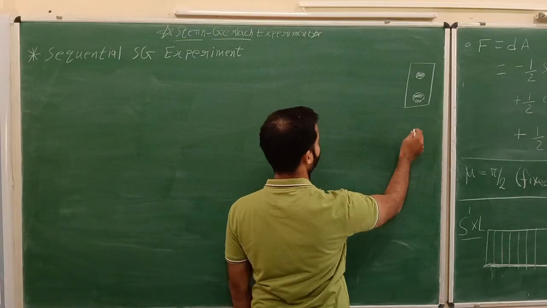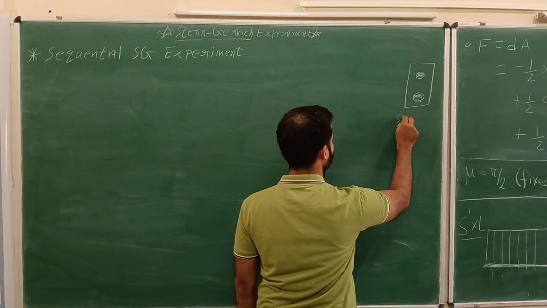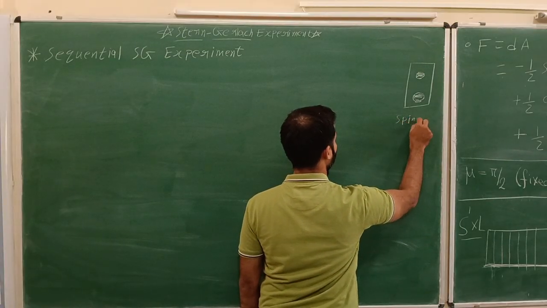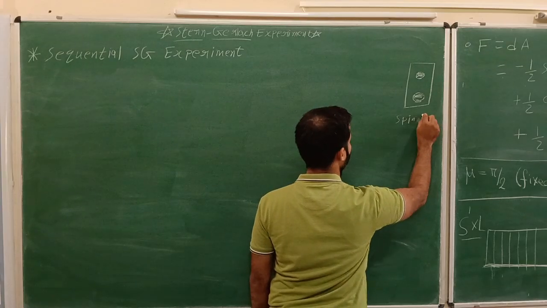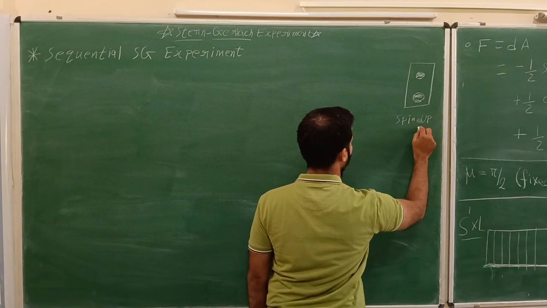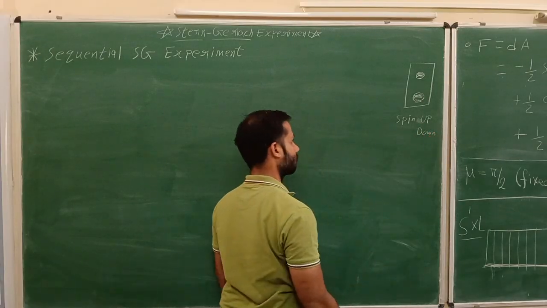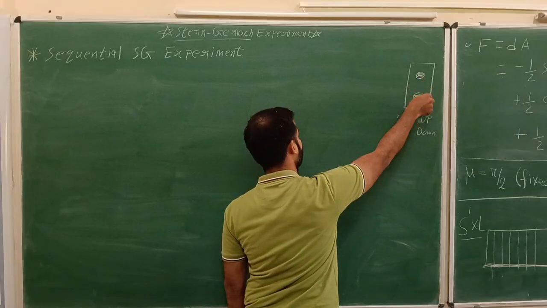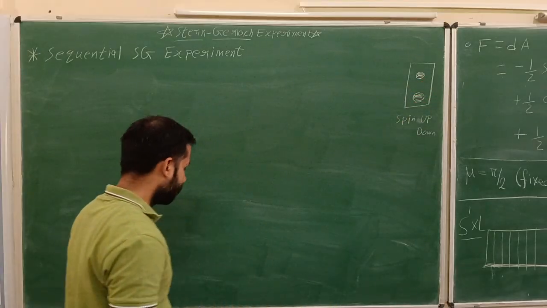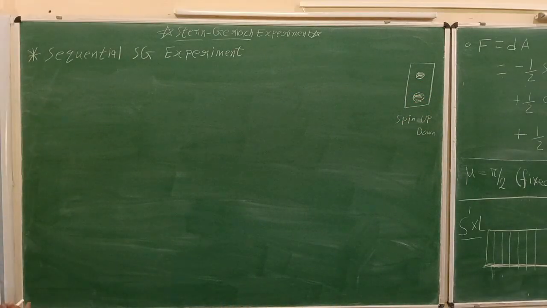Conventionally, that is the reason that we call it spin up or down, because there are two spins, one is up, one is down. Right?